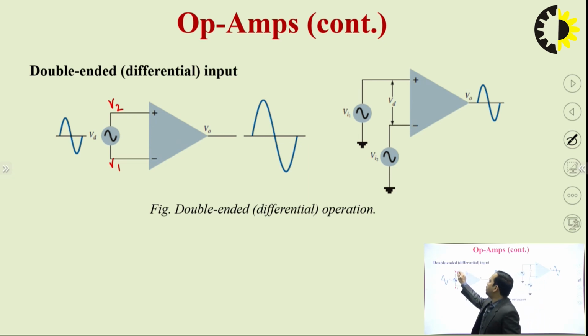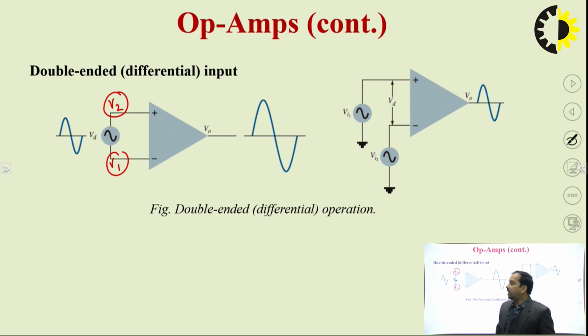Let's say V2 is high and V1 is less. This is the condition when V2 is greater than V1, meaning the potential at node V2 is greater than the potential at V1. So we'll have the same phase. But if V1 is negative, and we apply a signal only at V1, the negative terminal, then definitely the phase gets reversed.